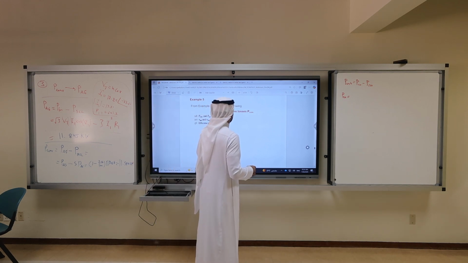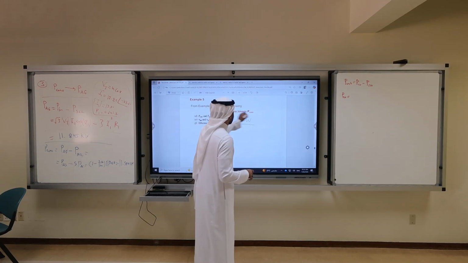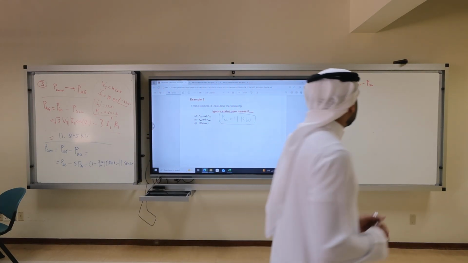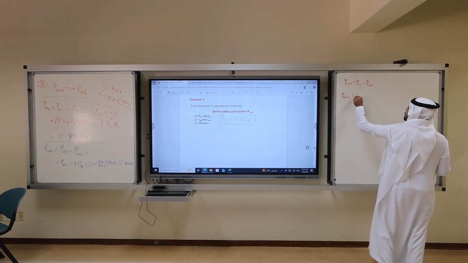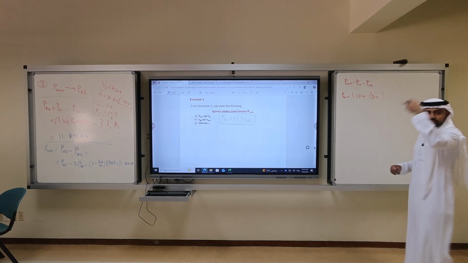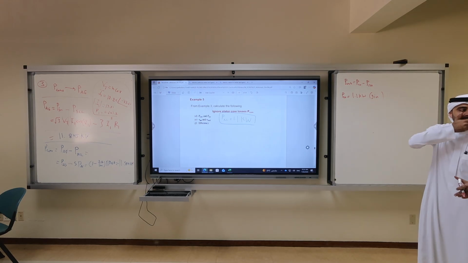P rotational is 1.1 kilowatt. It should be given, okay? So what is P rotational? 1 kilowatt. This should be given: windage with friction, with stray losses, everything. It should be given. I'm not sure. So now consider it given.